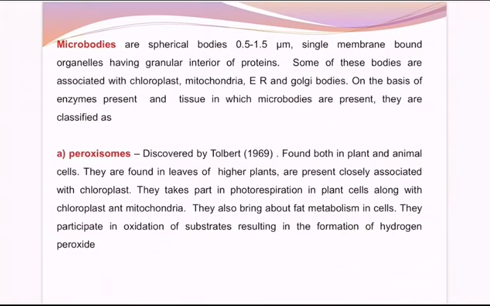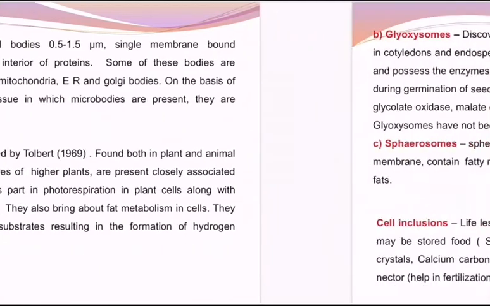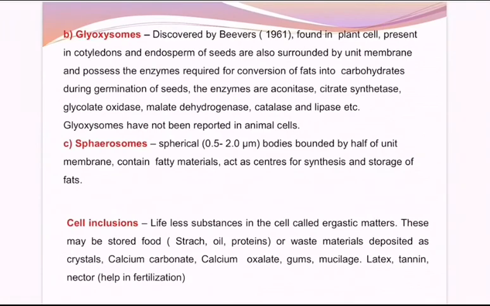They contain enzymes for peroxide biosynthesis, found in both plant and animal cells, generally in close association with endoplasmic reticulum, mitochondria and chloroplast. These were discovered by Tolbert.